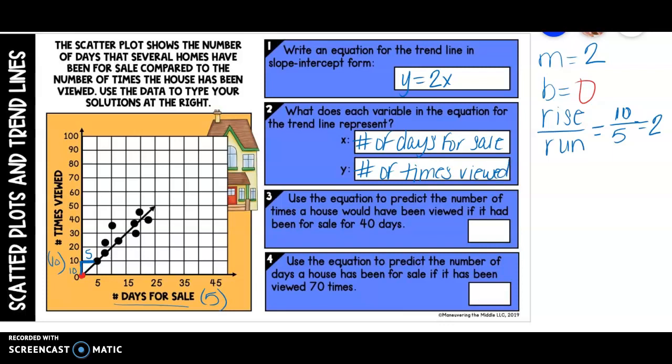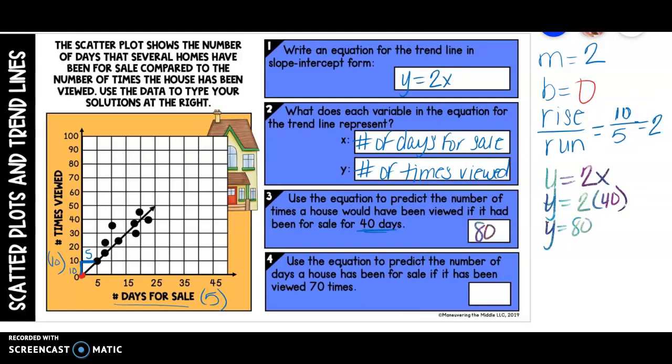Now it says use the equation to predict the number of times a house would have been viewed if it had been on sale for 40 days. So we know the number of days. We're going to write our equation, y equals 2x, and 40 days represents our x value. So we're going to substitute 40 for x. 40 times 2 gives us 80.